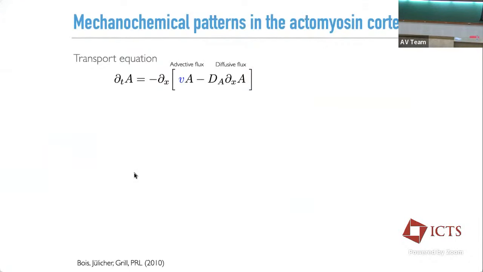So here's, for example, a model for pattern formation in a cortex. So this is something I will work out in detail again. So let's say you have a single molecule A. That molecule is moving around by simple diffusion. But there's also a flow of material. What material and all will come to that. But this molecule is special in that it generates mechanical forces, mechanical stresses.